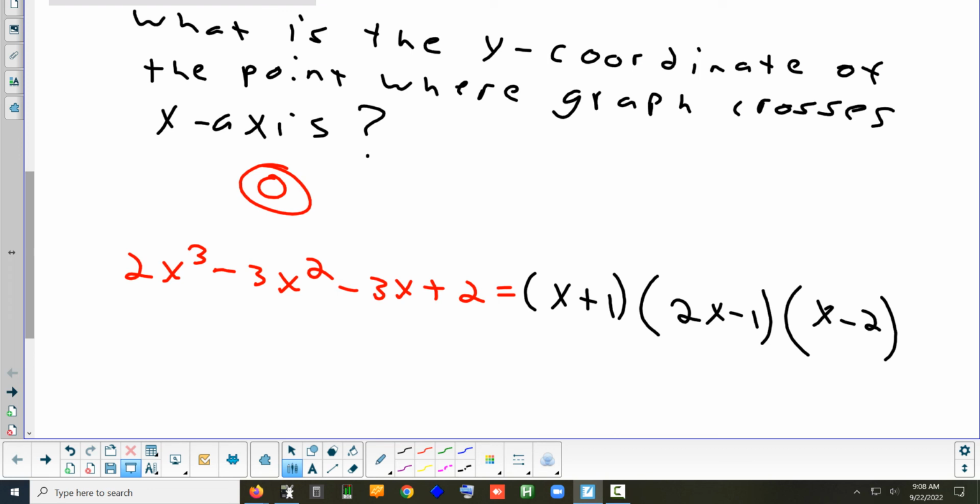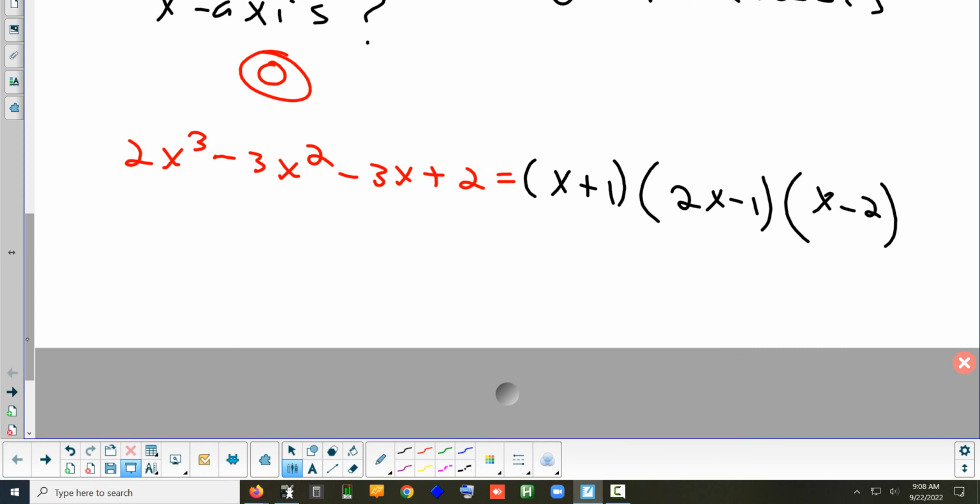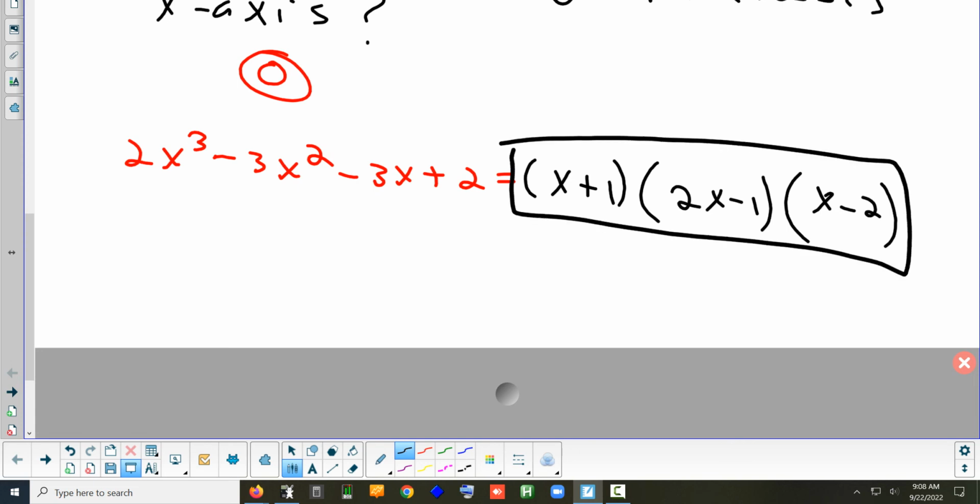The way you'd prove it, you would FOIL it out. And if you FOILed out what's in the black parentheses, you would get what's in red. So just trust me. What I want to point out, though, is the way that it is written in black, once you know how to do that, which is something we're going to look at in later chapters. This is a much better way to write it when you write it factored.